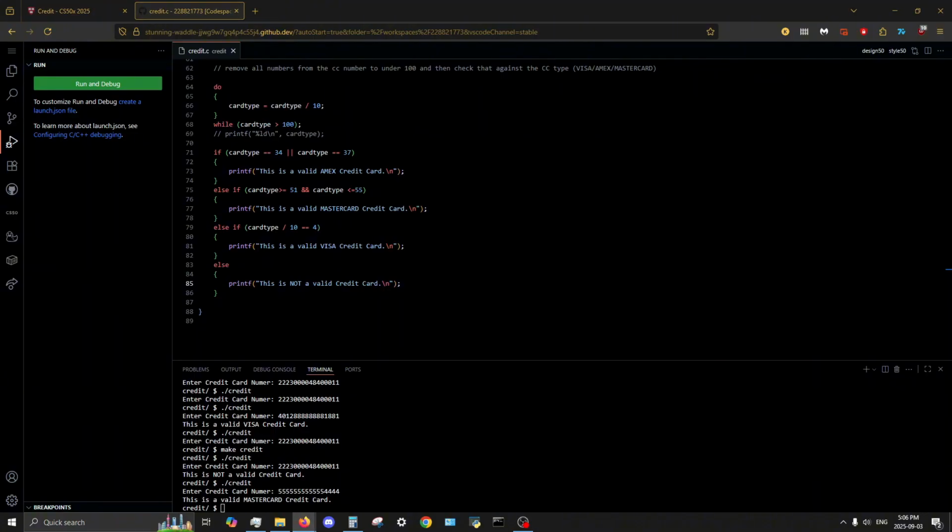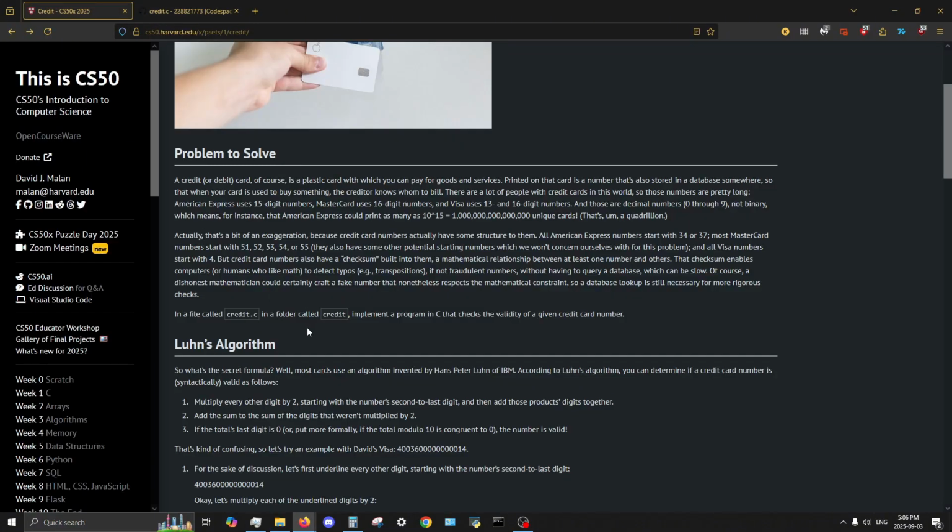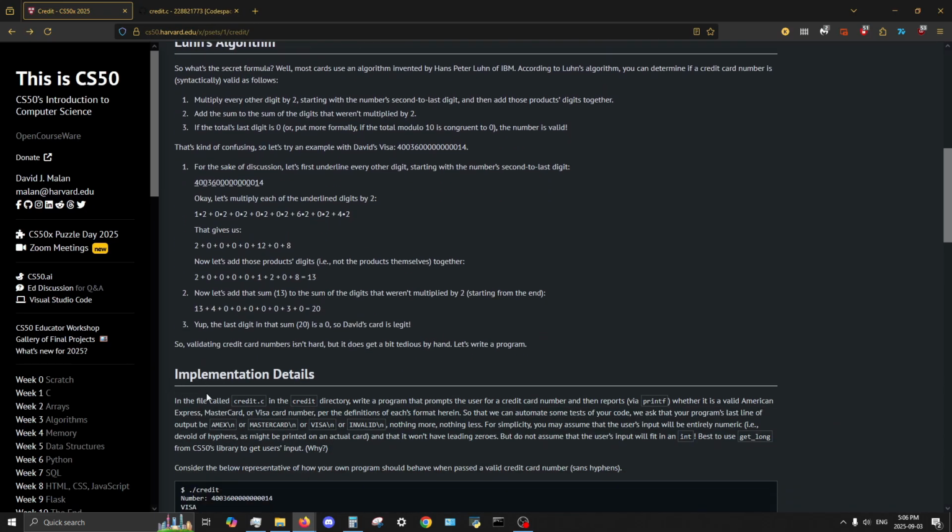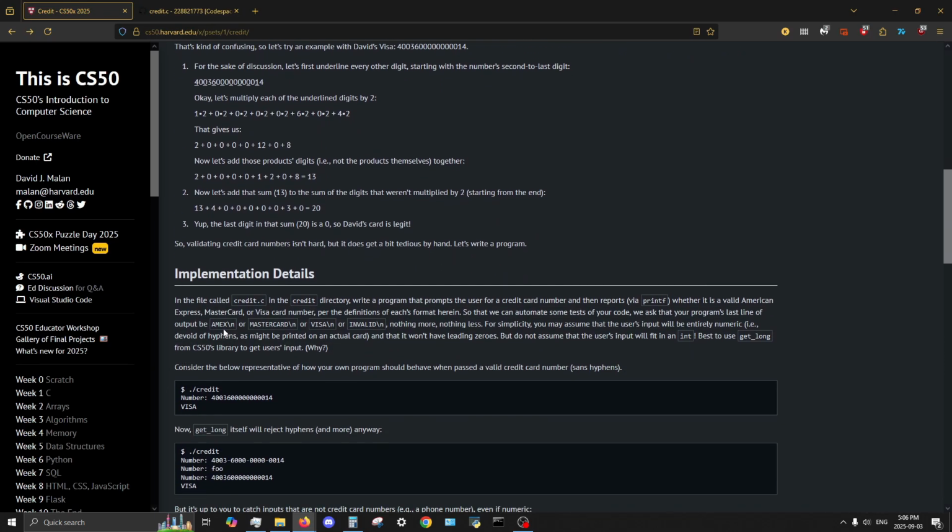Alright, so as per usual, we need to run the file called C directory writer program that processes a credit card number and then reports whether it's a valid American Express or not.